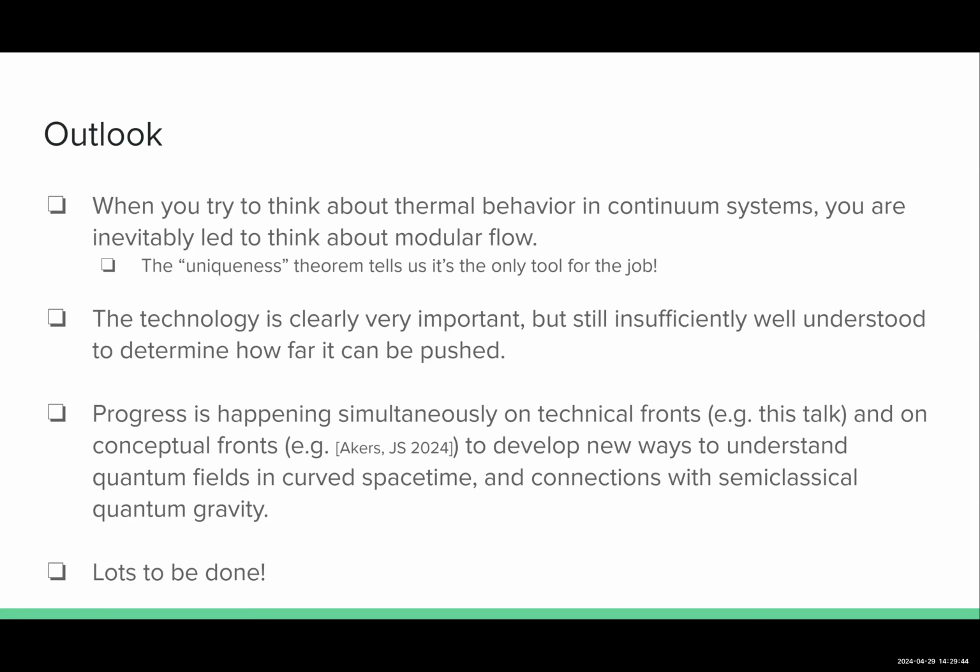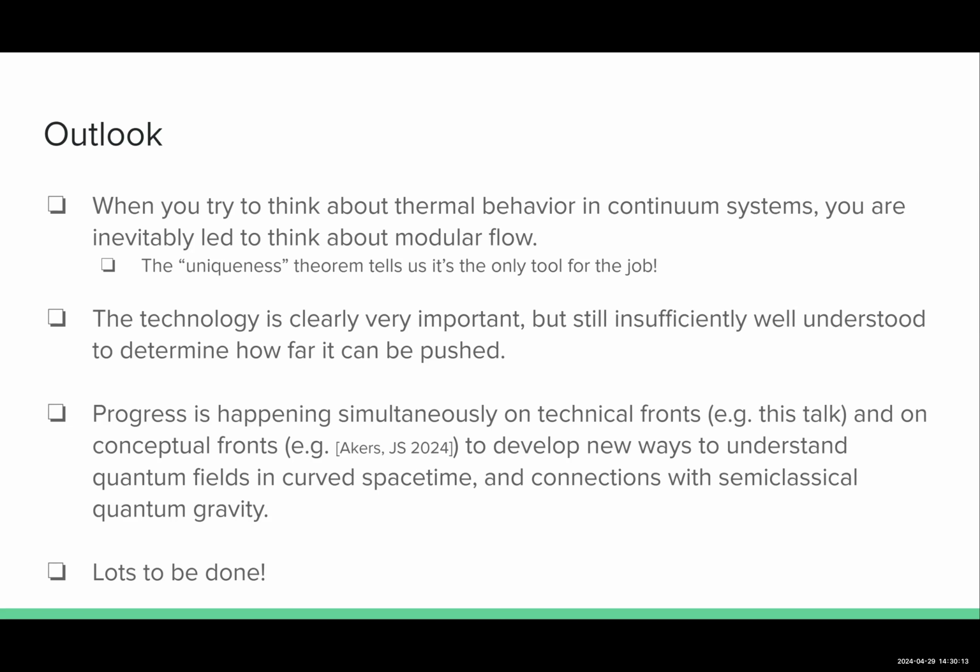Okay, there's a long-standing conjecture that has to do with what happens to modular flow as you approach the edge of a region. So maybe it looks completely non-local in most parts of the region, but as you zoom in, near the bifurcation surface of the region, then what happens? And many people, myself included, believe that no matter what state you're in, modular flow should become approximately local there.